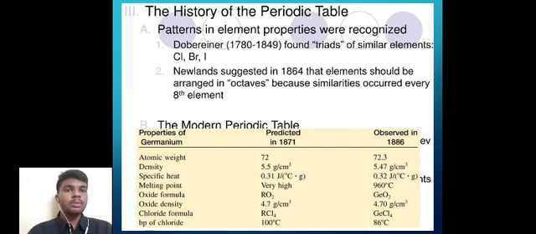You can observe the modern periodic table. Properties of germanium were predicted and observed in 1896. You can observe atomic weight, density, specific heat, melting point, oxide formula, oxide density, chloride formula, and boiling point of the chloride.